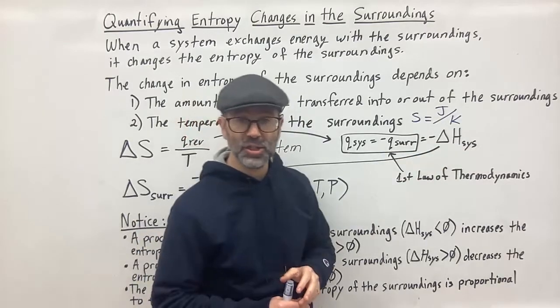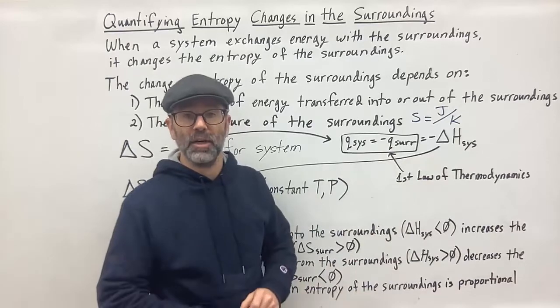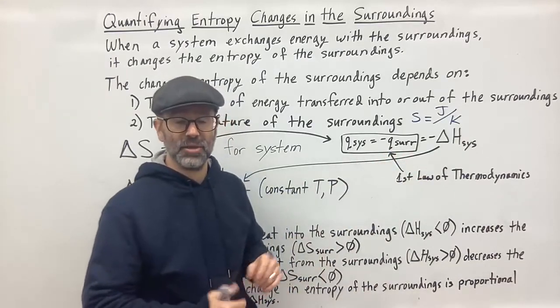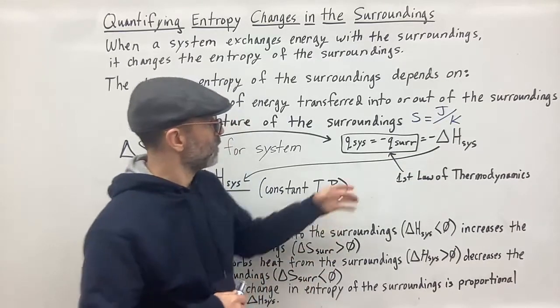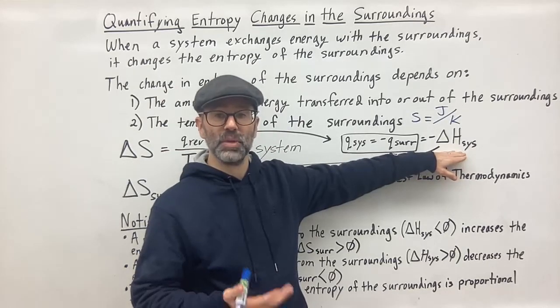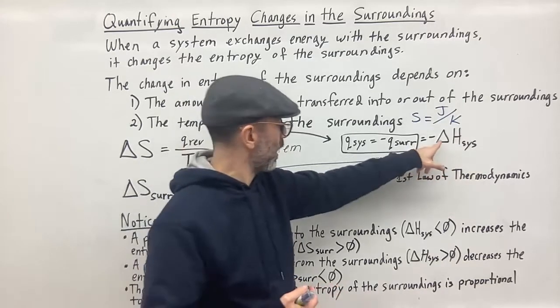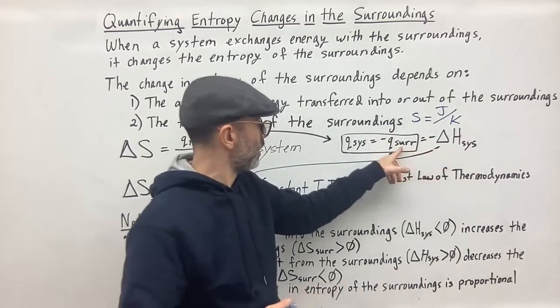Since the surroundings are so vast, a vast pool of energy and molecules, that's going to be under constant temperature and constant pressure. The only heat exchange is with the system. So whatever is lost by the system, we're assuming is gained by the surroundings.